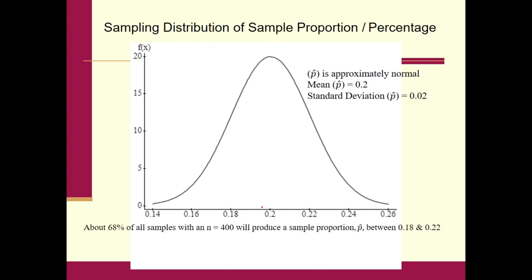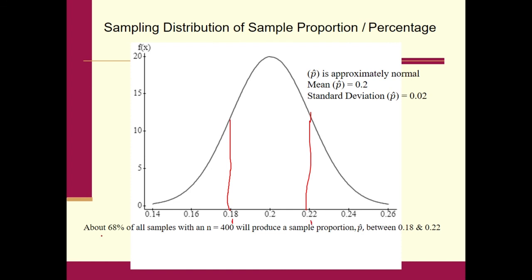Now, to quantify all of this, we can apply basically the empirical rule. You could also use the standard normal table to figure this out more precisely, but let's just use the empirical rule. So if we went out one standard deviation in both directions, what percentage of all the p hats will be within that, from this minimum of 0.18 to this maximum of 0.22?